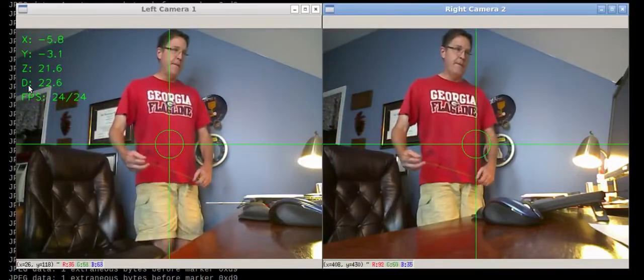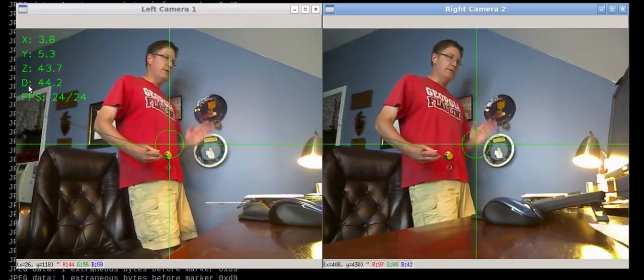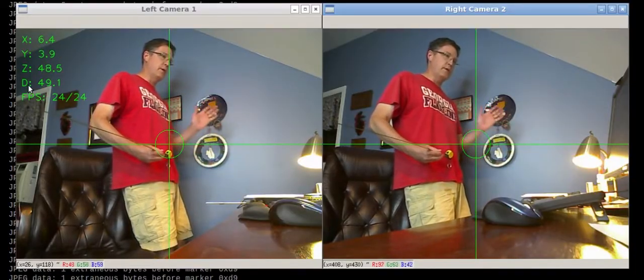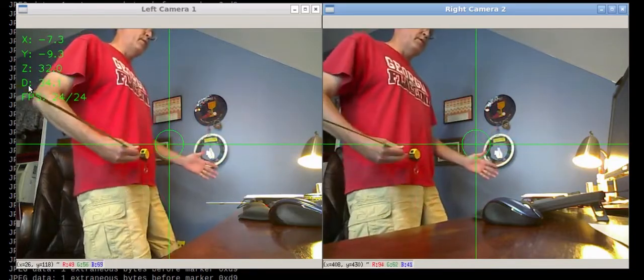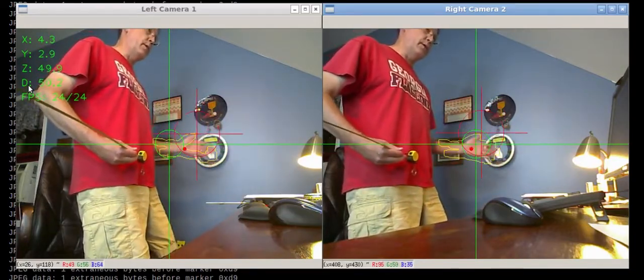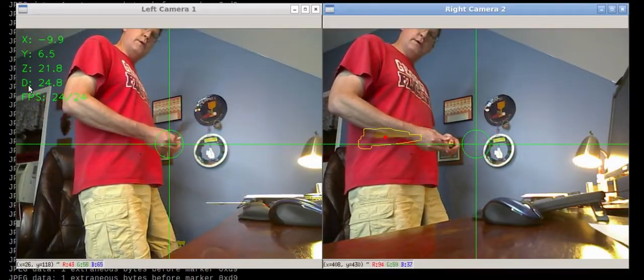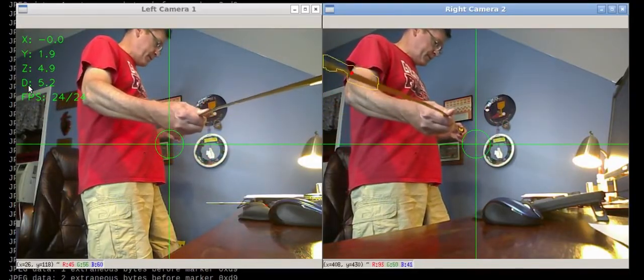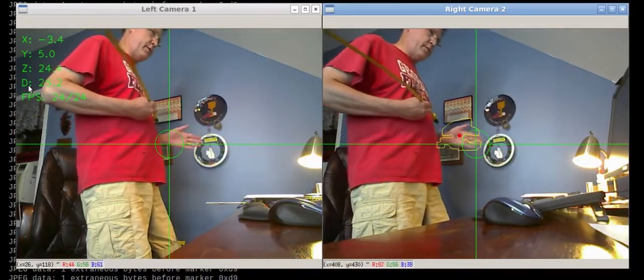So let's see if I get all the way back here. Let me see what it says. Let me get a good target. Too much movement. All right, here we go. Getting the target right in here. It says about 42. There it is, right there.